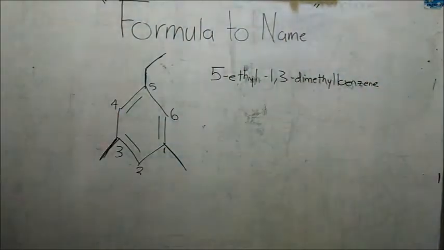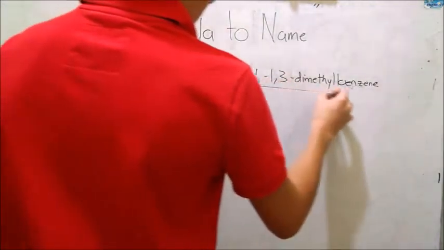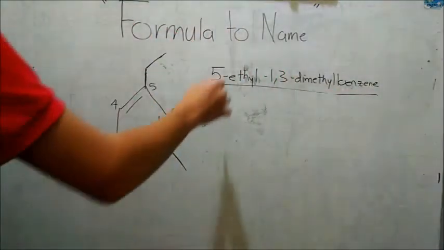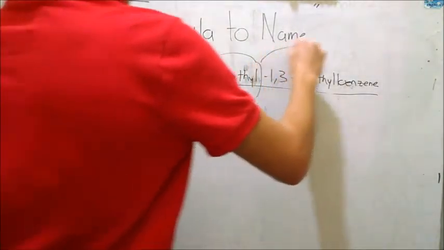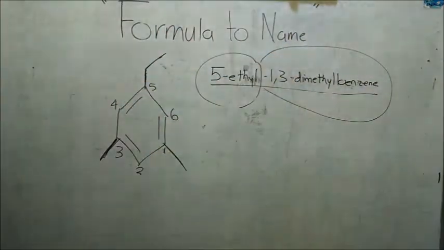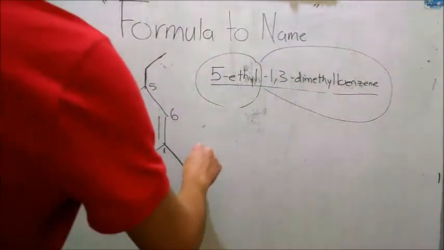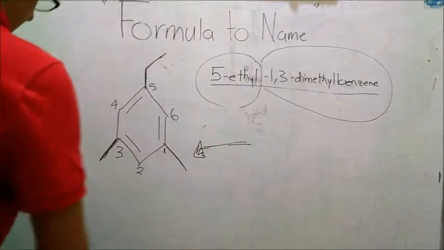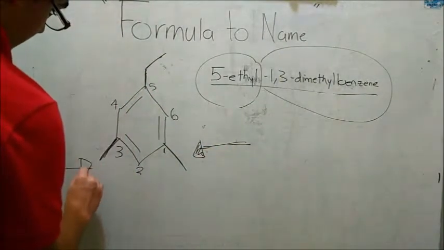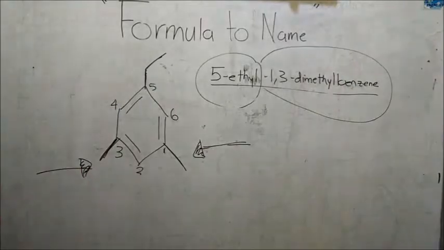Well, over here we already have the name right here. Well, why do we put 5-ethyl and why do we put 1,3-dimethyl? Well, very easy. As you can see over here, it is very easy.